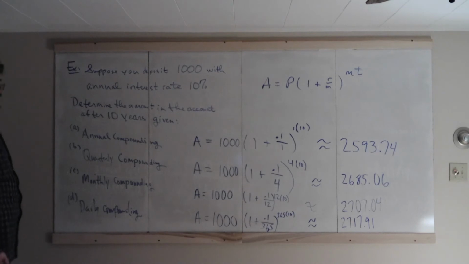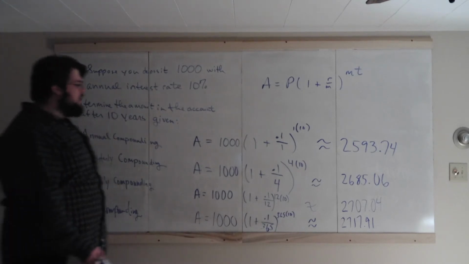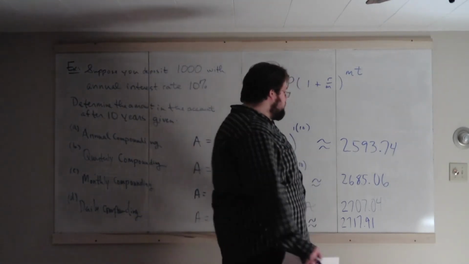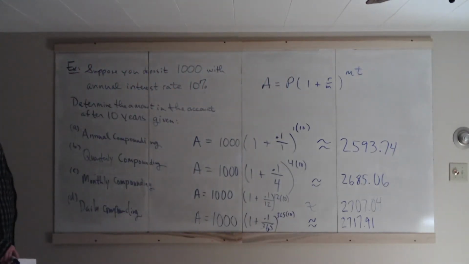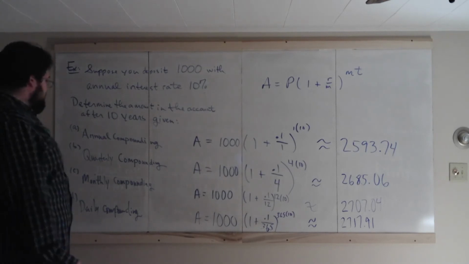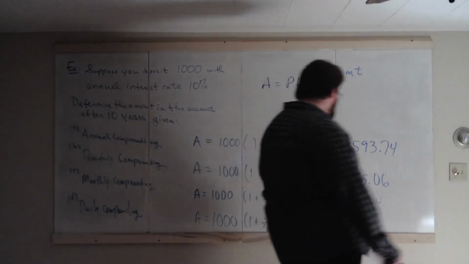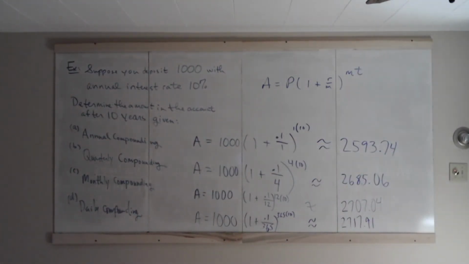Now, compounding quarterly means it's compounded 4 times a year. Compounded annually, once a year. Compounded monthly, 12 times a year. But going from 4 to 12 earned you only $22 extra, $21.98. And look at what happened going from monthly to daily. Daily is compounded 365 times in a year. Going from compounding 12 times a year to 365 times a year earns you only $10 extra.